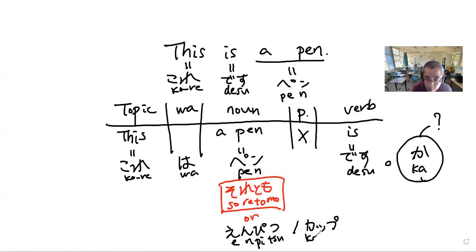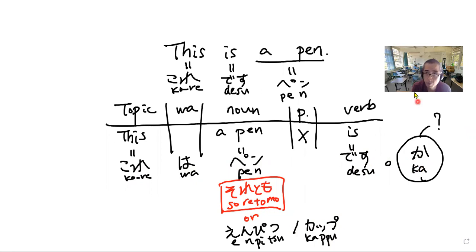We say cup. Okay, let's say, is this a pen or cup? これはペンですか? それともカップですか? Okay, one more sentence.